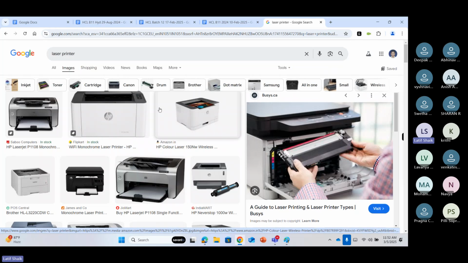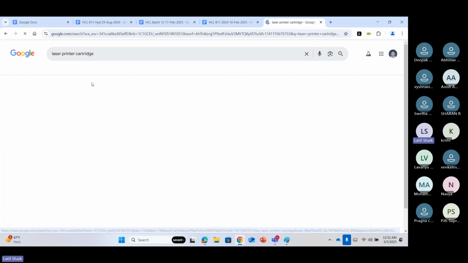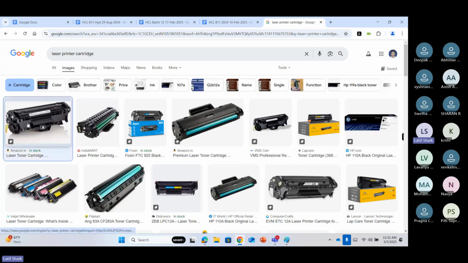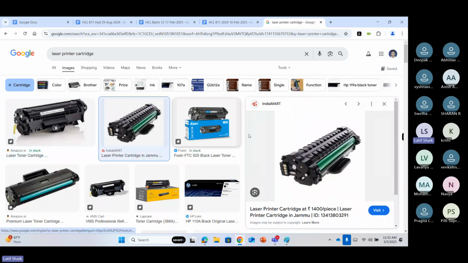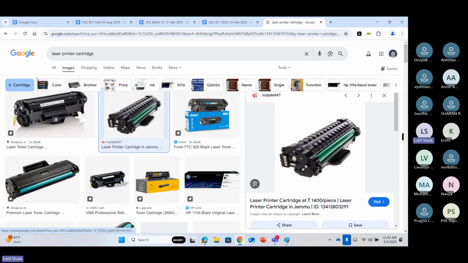It uses a kind of cartridge, this is a cartridge, the total cartridge box. It contains black powder inside this cartridge.